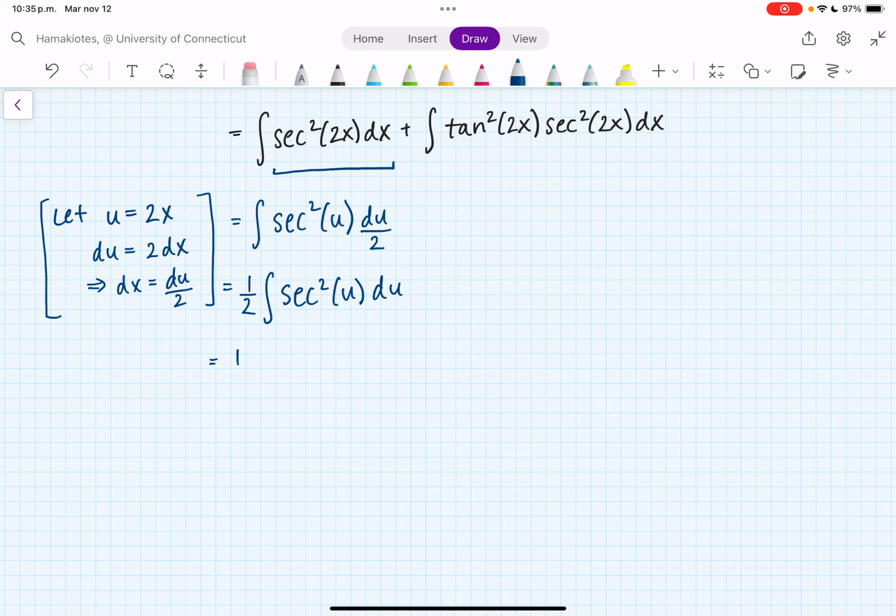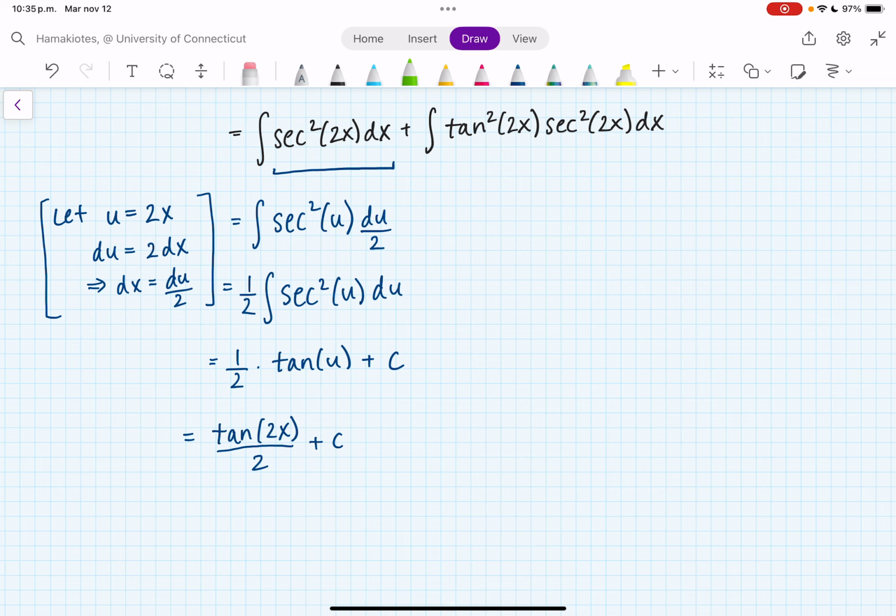Now if we remember, we know how to take the integral of secant squared. The integral of secant squared is just tan. So this is tan of u. And of course we have our plus c since we're evaluating this integral. And now we have to put our u back in. So this becomes tan of 2x all over 2 plus c.